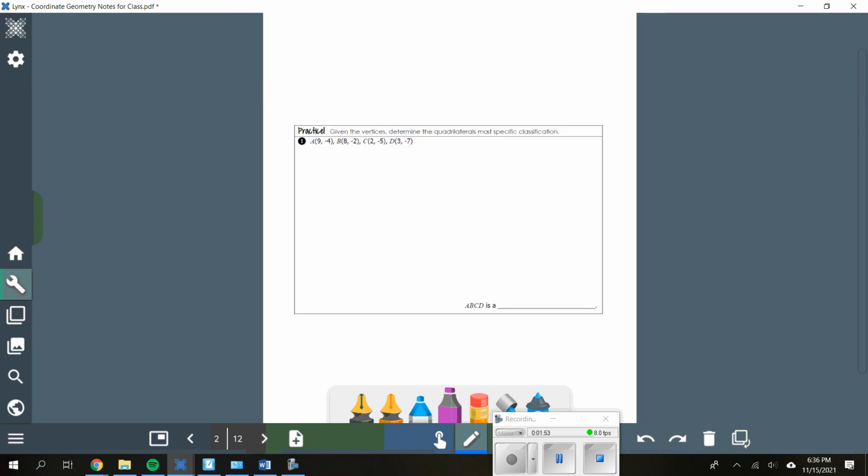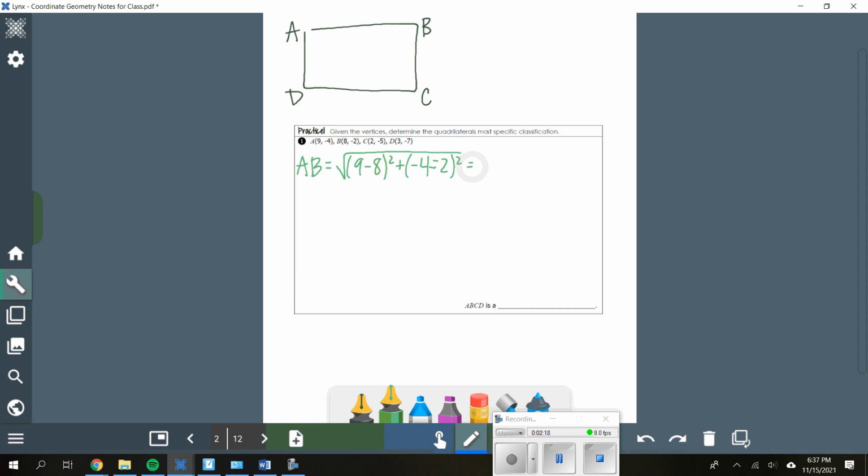So if we dive into number 1, I like to always have a rough sketch of a quadrilateral, just to see what sides I'm going to be running, what sides are opposite of each other. And I'm going to run the distance of AB. So, x minus x, 9 minus 8, squared and added to y minus y, 34 minus negative 2 squared, for an answer of radical 5.